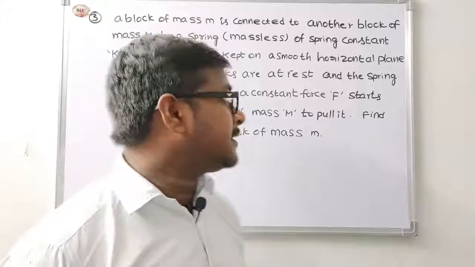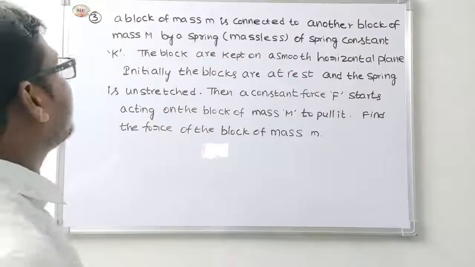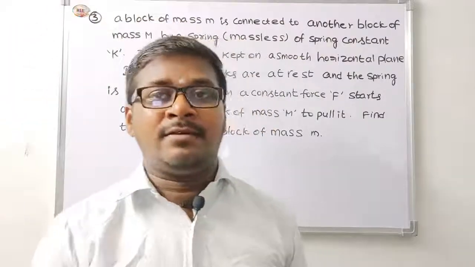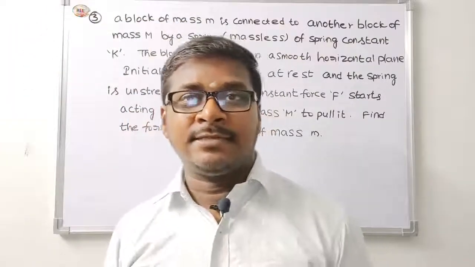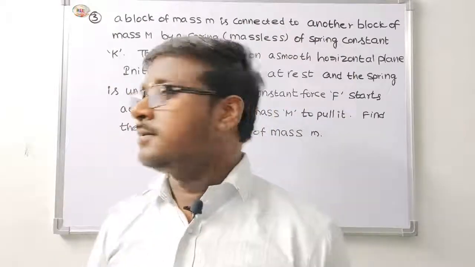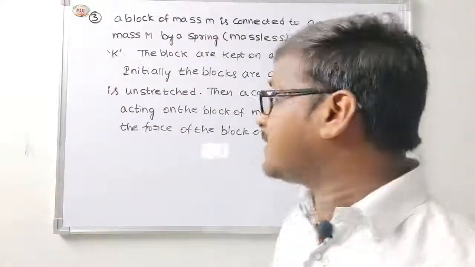Okay, next we discuss the third problem. A block of mass small m is connected to another block of mass capital M through a spring. The spring is massless, and the spring constant is k. The blocks are kept on a smooth horizontal surface.